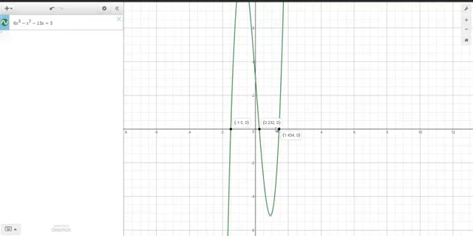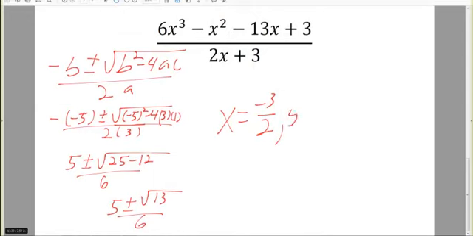And we also get 0.232 and 1.431. And if we plug in the two other zeros, the two other x-intercepts we found, we'll get that too as an estimate. And the other zeros would be 5 plus or minus root 13 over 6. And like I said earlier in Desmos, if you plug that into a calculator, you'll get a rough estimate, which is what Desmos is doing.